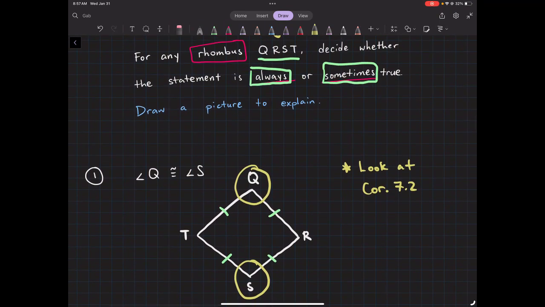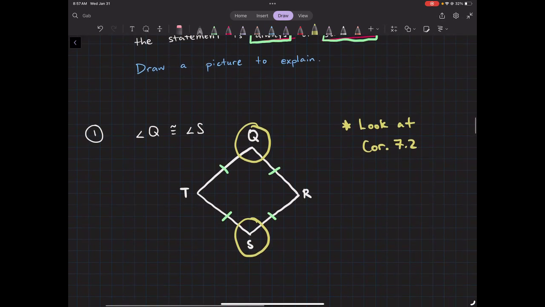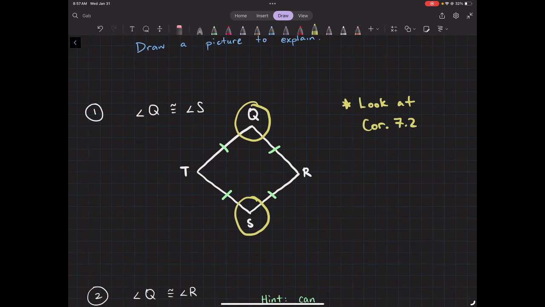Okay, because even though they tell you it's a rhombus, a rhombus is still a parallelogram. Okay, so opposite angles will be congruent.